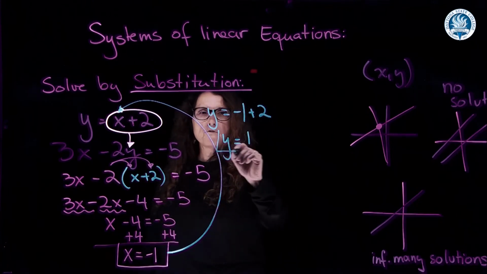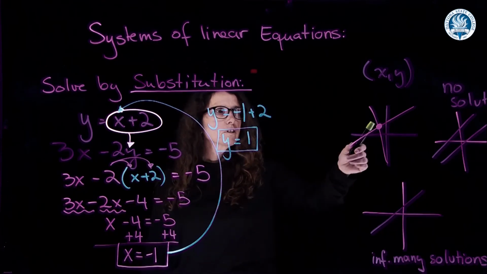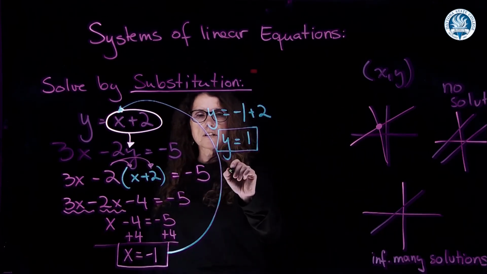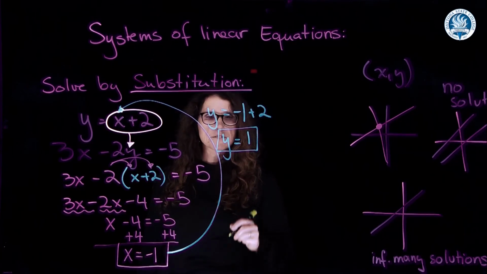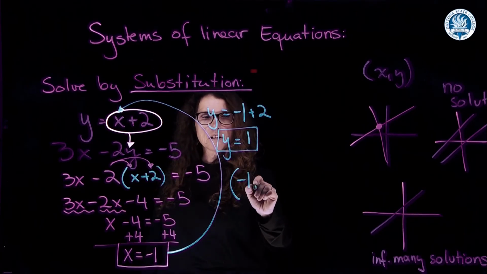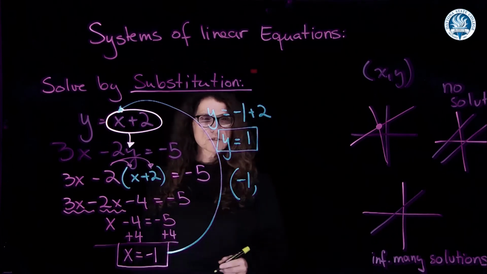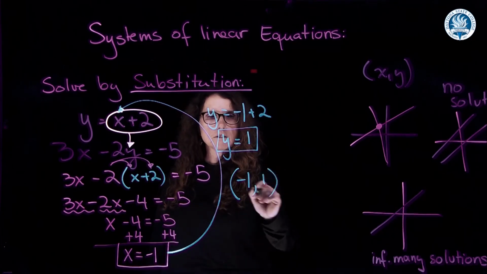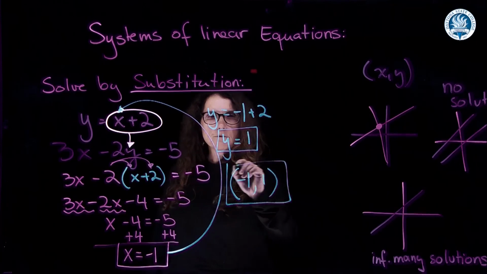So we have found the point where the lines intersect, and we want to write this as an ordered pair. The last step is to write it as an ordered pair. x comes first: -1, comma 1. Done you are.